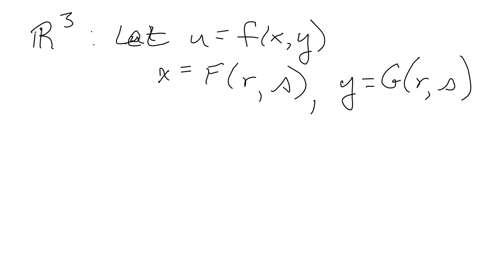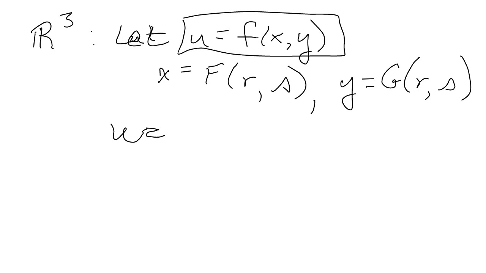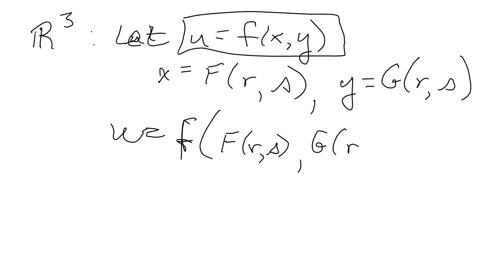So the reality is u is a function of capital F of r, s and capital G of r, s. So the outputs there are functions of two variables.